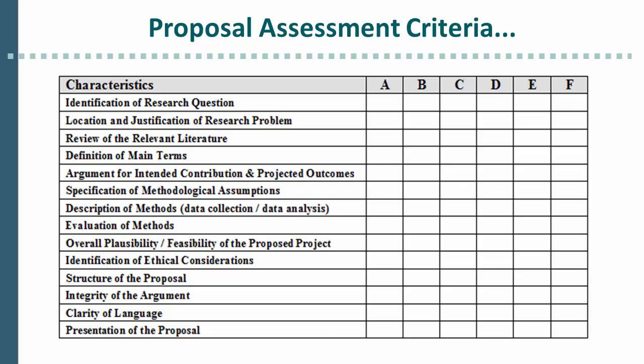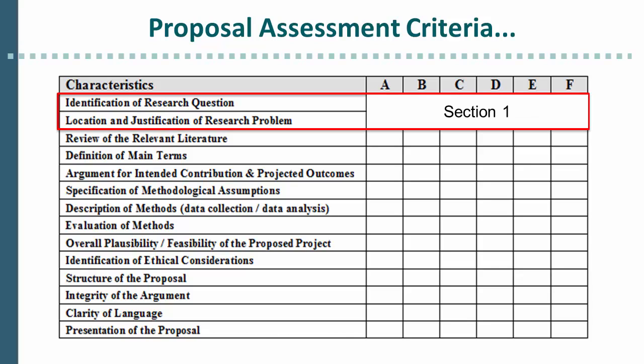Now, this is a possible proposal assessment criteria grid. It can also be applied to dissertation assessment criteria, and it could be the one we're using, or it could be another one, but it would be something similar to this, where you would have the criteria on the left-hand side, so the first column, and the mark brackets on the other columns.